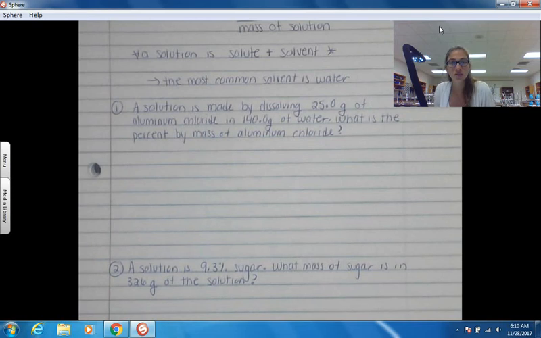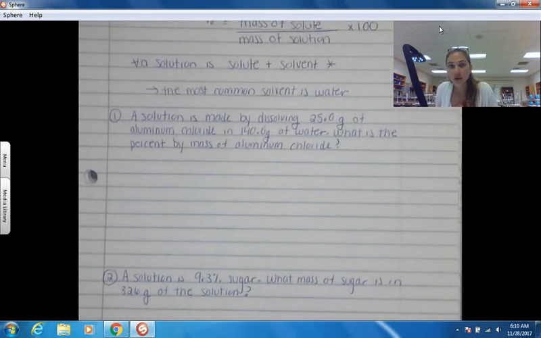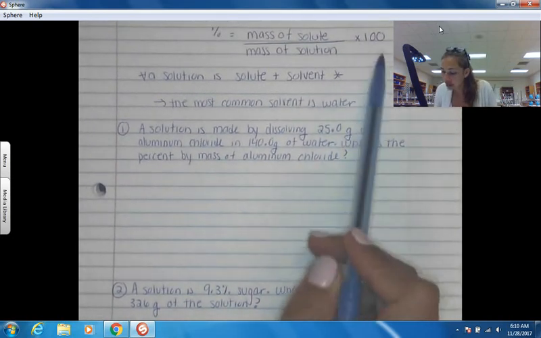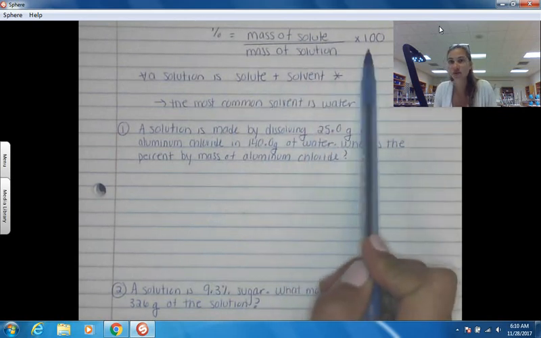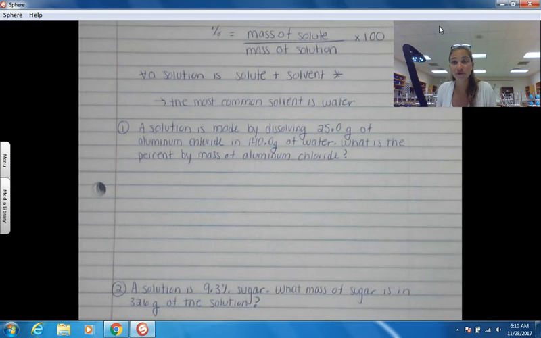A solution is made by dissolving 25.0 grams of aluminum chloride in 140.0 grams of water. What is the percent by mass of aluminum chloride? So here, if we look at our formula, we have the mass of the solute over the mass of the solution times 100. Your first step for these types of problems is going to be to figure out what is your solute and what is your solvent, so we can figure out what our solution is.